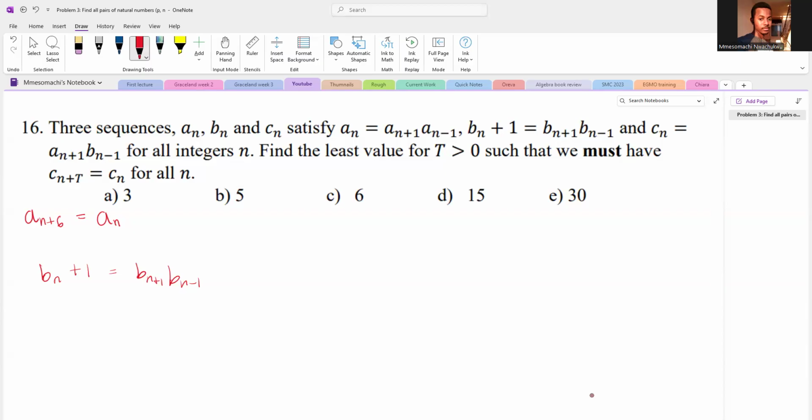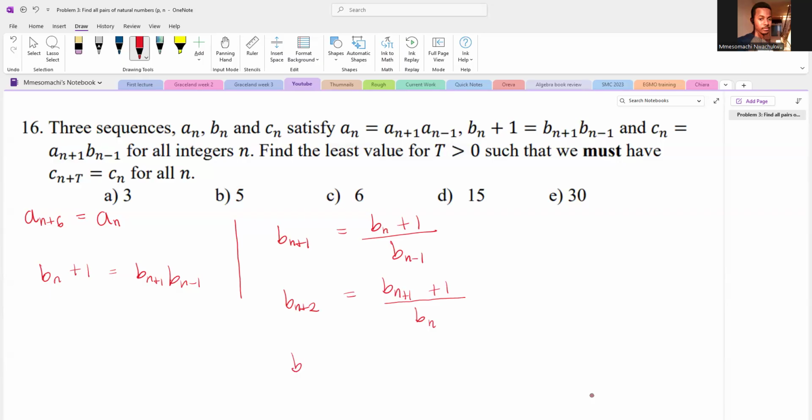So we can see that b(n+1) is equal to (b(n) plus 1) divided by b(n-1). So I have b(n+2) equals (b(n+1) plus 1) divided by b(n).